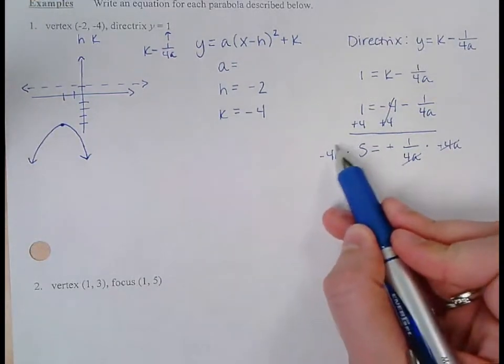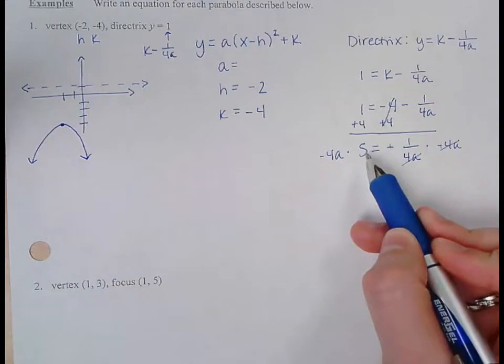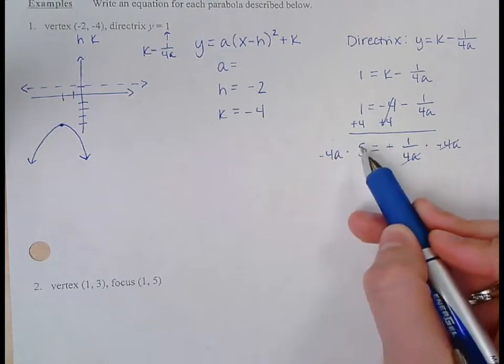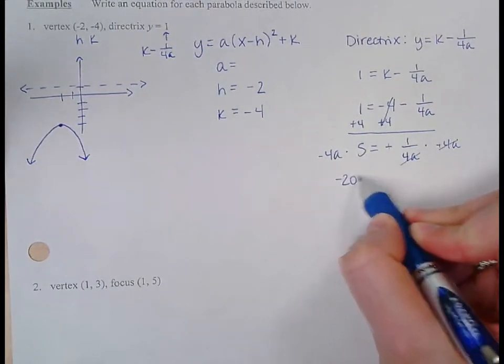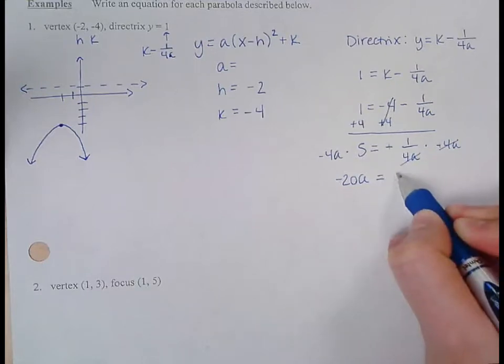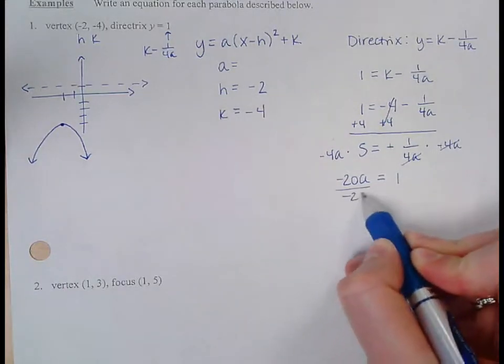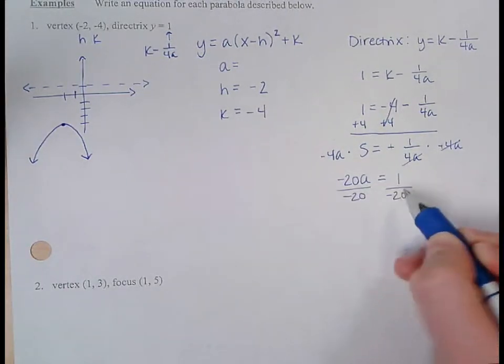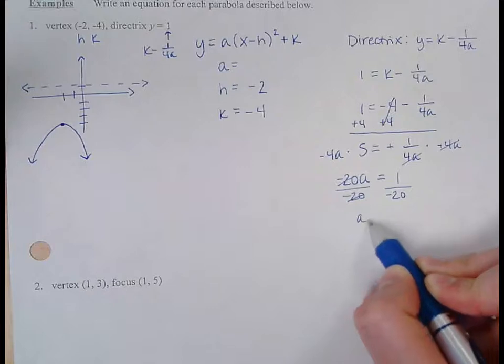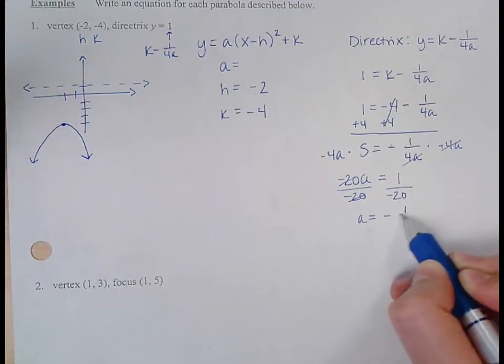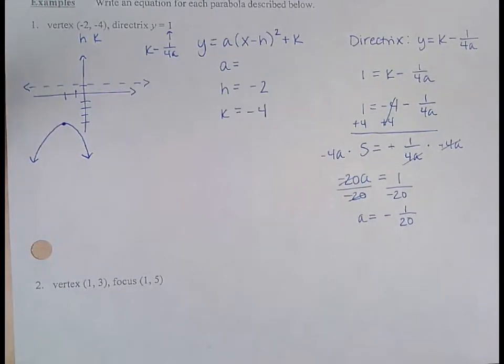So on the left, I have negative 4a times 5. I can multiply the 5 and negative 4, so I have negative 20a is equal to, then I just have 1 on the right side. But now I can divide by negative 20, and I get a is negative 1/20.